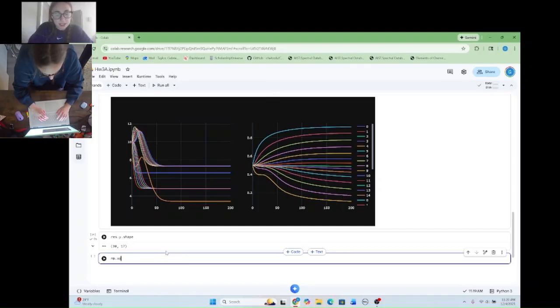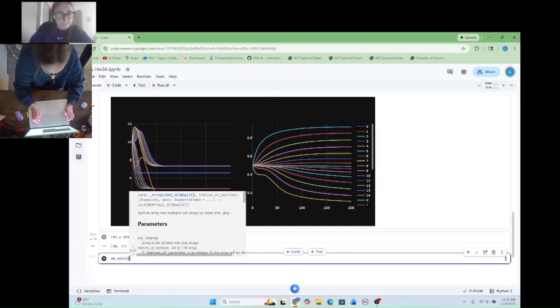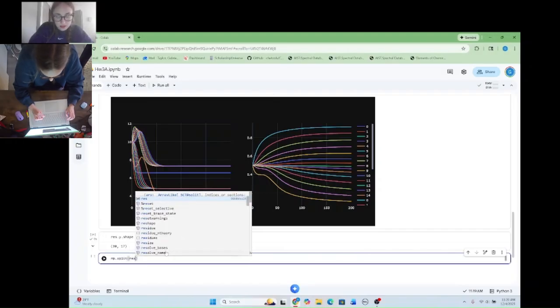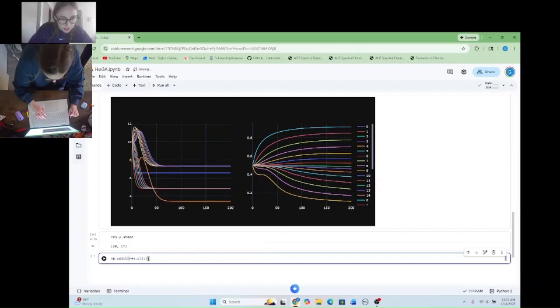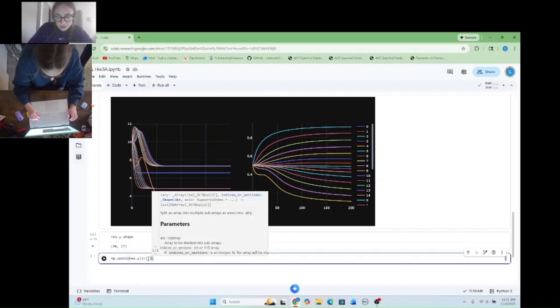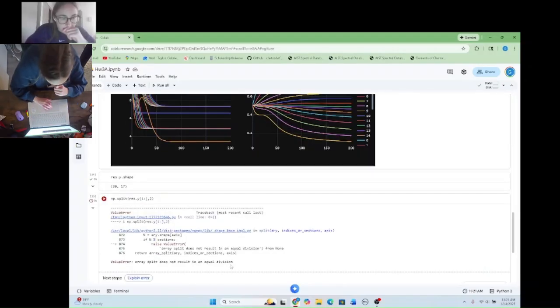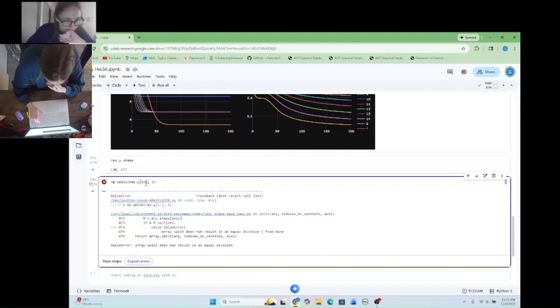So let's continue. So the first thing that we want to do is we want to split this. So np.split is equal to the res.y, and we want to split the first one into 2. Let's see if that works. So why this doesn't work is because we want to split the last one of it.